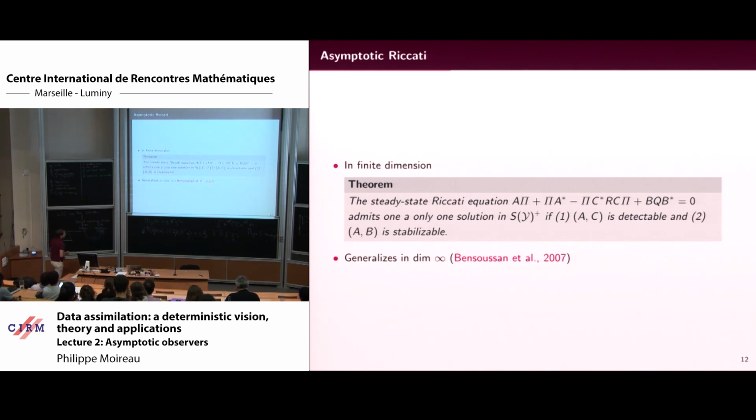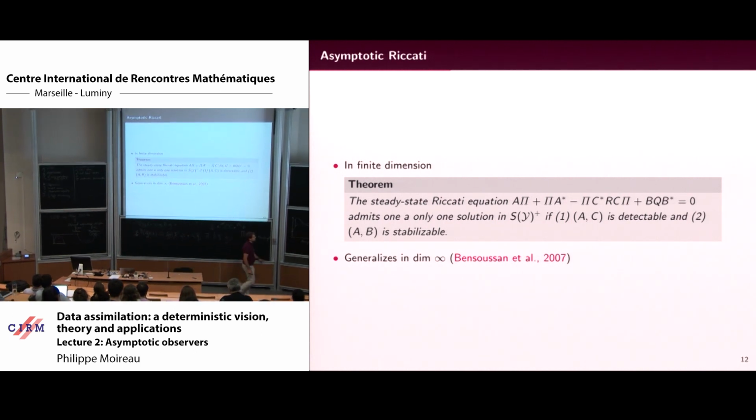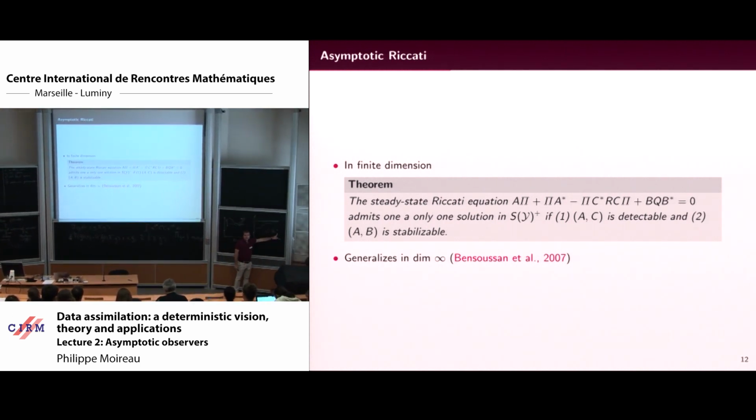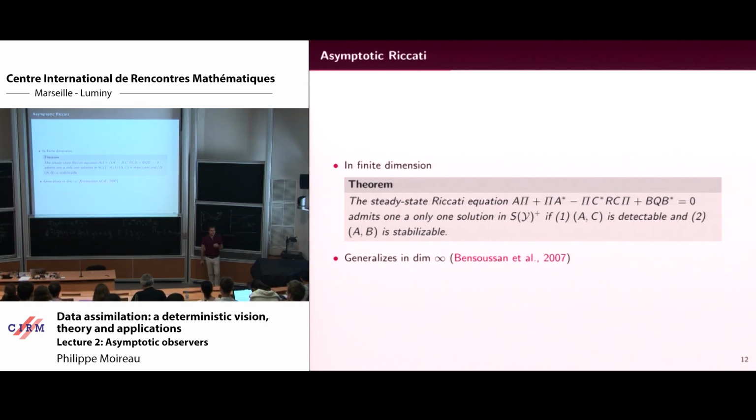Okay? If you take this solution pi, then by considering again pi C star, you will get a gain that is acceptable in terms of asymptotic observer as soon as you can prove that you are detectable and stabilizable.